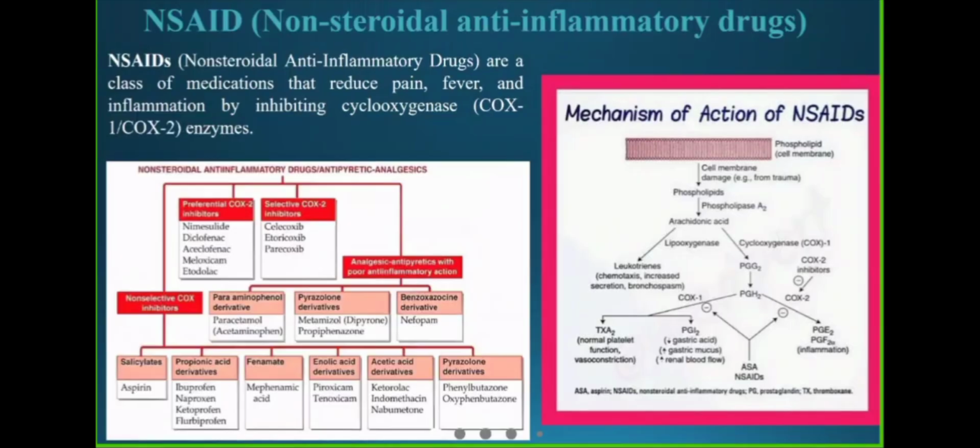There are some drugs which are preferentially COX-2 inhibitors, which include nimesulide, diclofenac, and aceclofenac. There are also selective COX-2 inhibitors, and some agents which are analgesic and antipyretic with poor anti-inflammatory actions, which includes our most common drug, paracetamol.